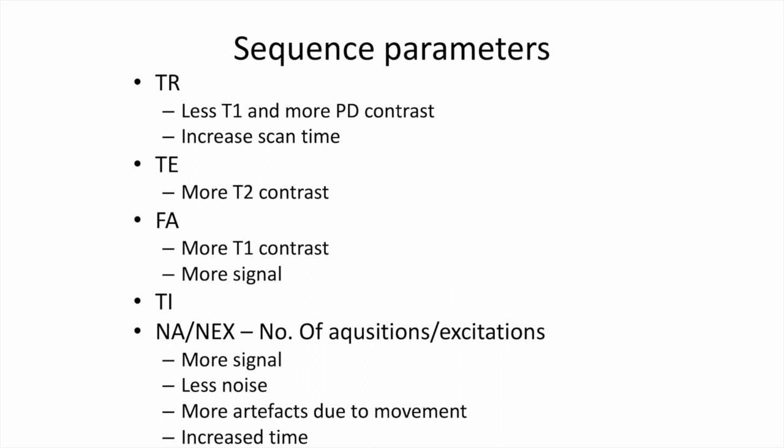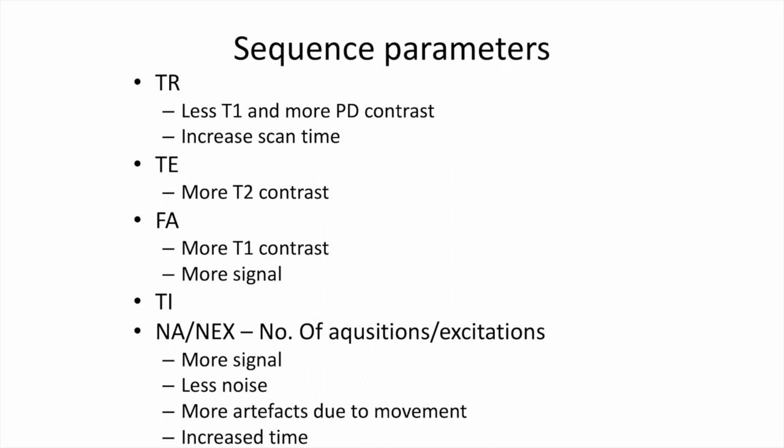An increase in TR also causes an increase in scan time, whereas an increase in TE will result in an increase in T2 contrast. The larger the flip angle, more will be the T1 contrast and more will be the amount of signal that is acquired. A change in TI time will result in suppression of different tissues depending on the tissue to be suppressed.